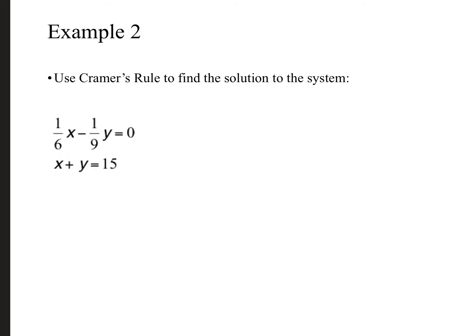Okay, so here's example 2. Again, I'm going to solve this with Cramer's rule because it says to. I'm going to do the x all together first, and then I'll do the y. For the x coordinate up top, I'm going to replace the x coefficients with the constants, -1/9 and 1.